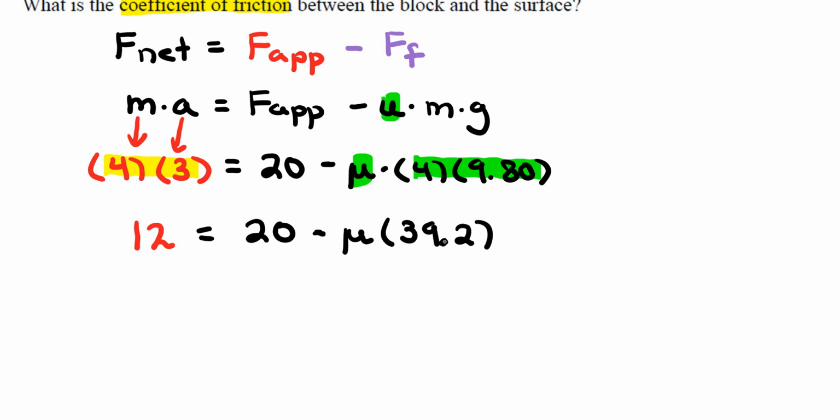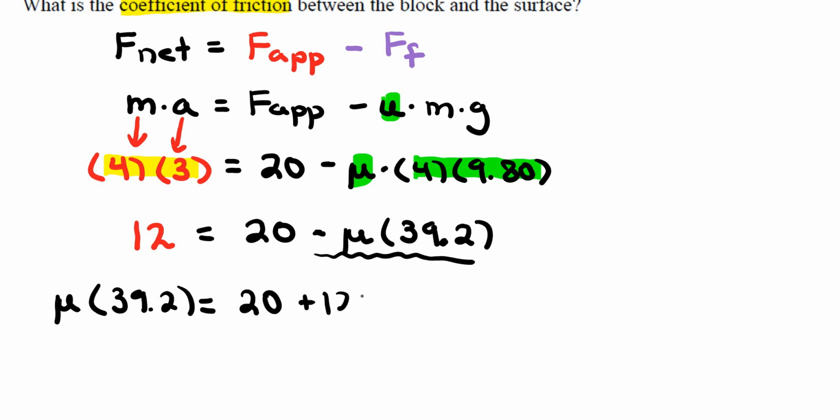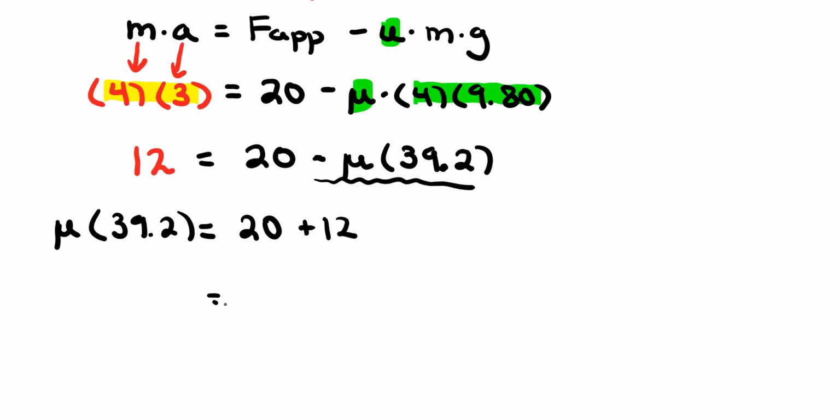Okay, and if we go ahead and solve for this now, basically if I bring this negative term to the other side here, it'll be u times 39.2 equals 20 minus 12. Sorry, not 20 plus 12, it should be 20 minus 12.